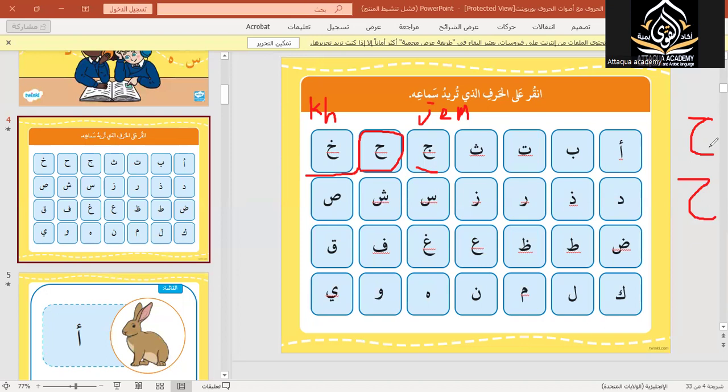One of them has its point inside, so it's a Jim. And the light one, Ha, is without any points. It's just a light letter. And the Kha is the same also, with a point on the top, so it's heavy. Okay? So now let's go over them from the beginning.